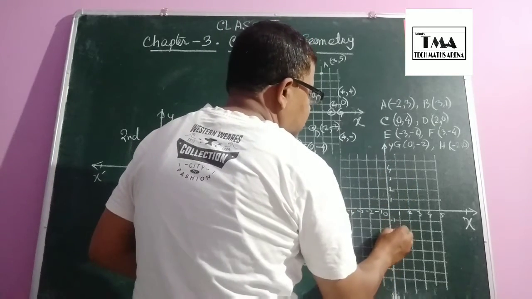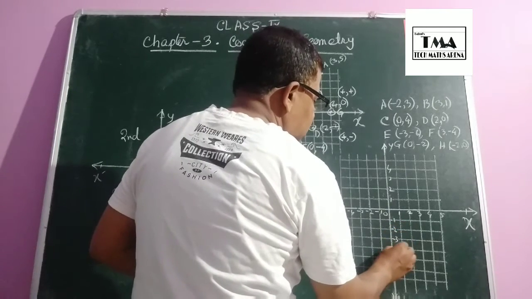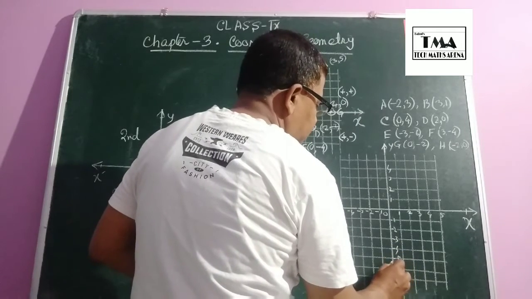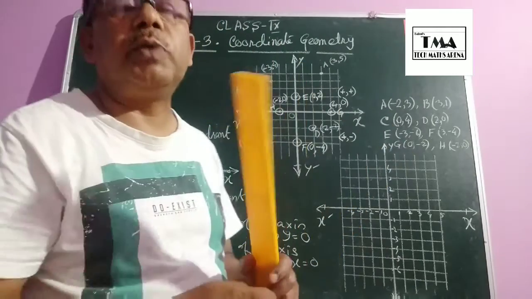Similarly here minus 1, minus 2, minus 3, minus 4, minus 5, minus 6, etc. Okay, this is our graph paper.